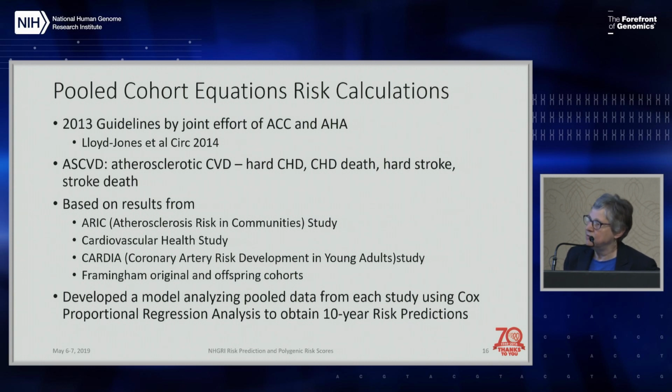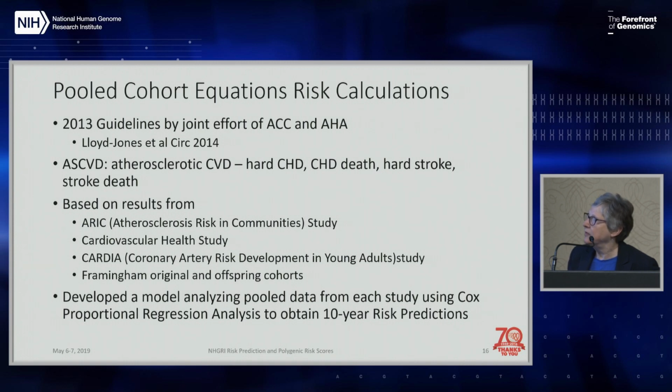They decided to look at atherosclerotic CVD, which was hard CVD events like recognized MI, CHD death, hard stroke, excluding transient ischemic attacks, for example, but both ischemic and hemorrhagic strokes, and stroke death. Any one of those events went under this label of atherosclerotic CVD.